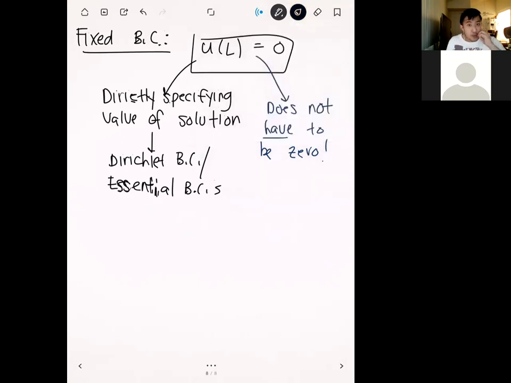Now that we have the differential equation and the boundary conditions, we're ready to state the strong form for our boundary value problem. Remember, a boundary value problem, at least in the strong form, has two ingredients.